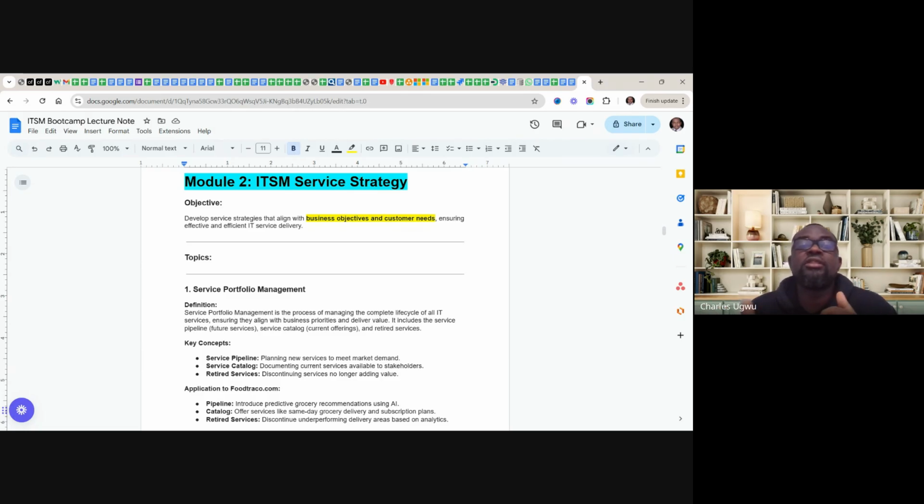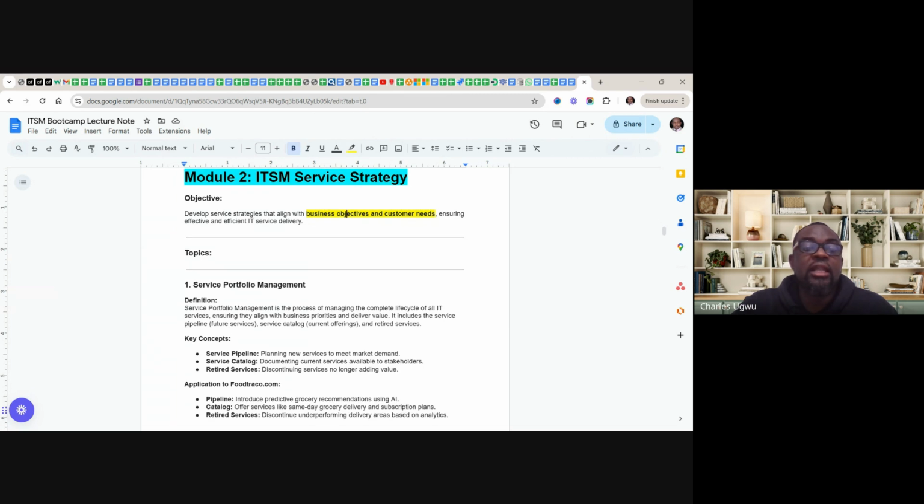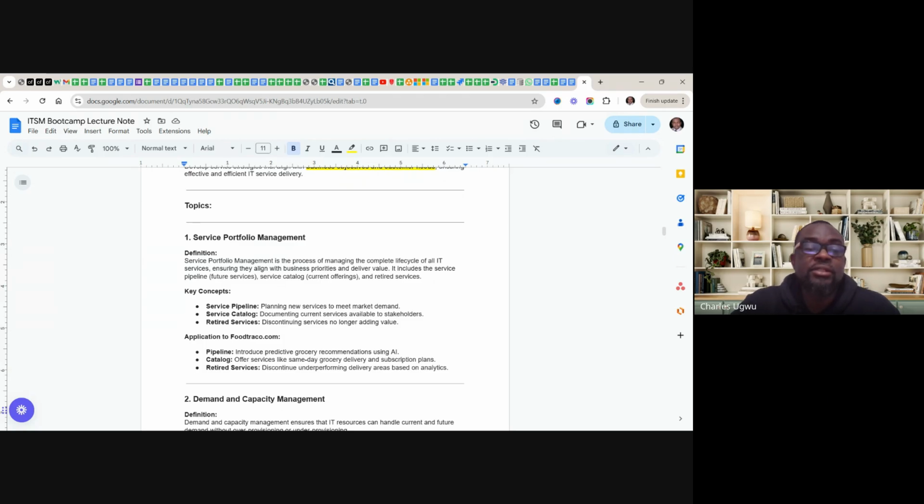So it is within this strategy that we need to understand the objective and customer need, and ensure that whichever IT service and strategy we are bringing aligns with this objective and the customer need. So we are going to be looking at some of these key elements while trying to design our IT service strategy.